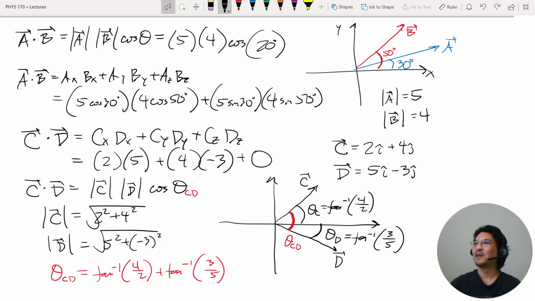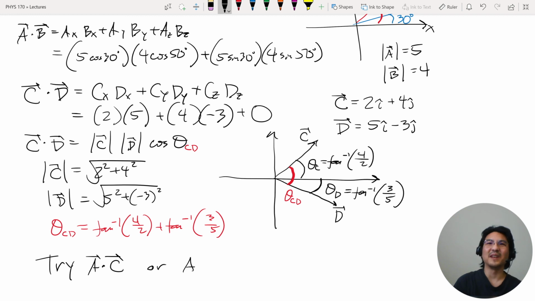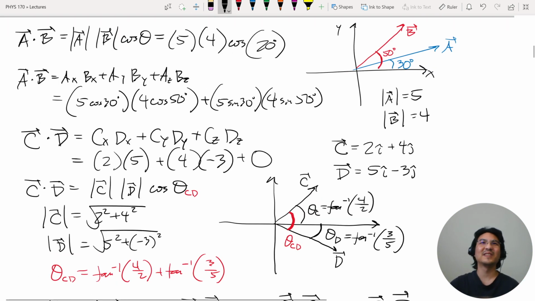Okay, so why don't you try for yourself? I'll let you try. Try going A dot C, or let's say A dot D, or B dot C, or B dot D. Because now we're mixing: you can have one in terms of magnitude and angle, one in terms of components, and then it's totally up to you which way you want to go.